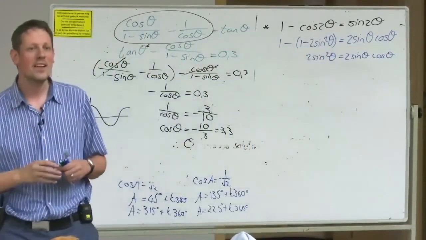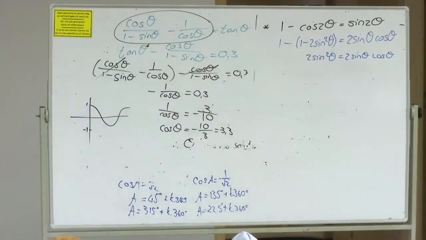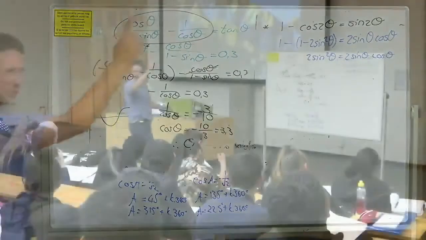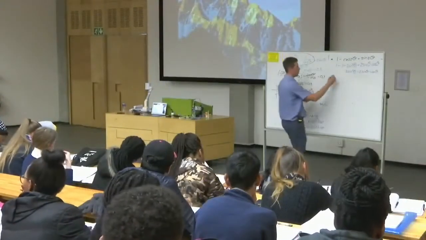Now, the question is, Sunshine, what kind of an equation is this? Forget about the signs now. What kind of an equation is this? It is a quadratic equation. How do I solve a quadratic equation? I get it equal to 0.